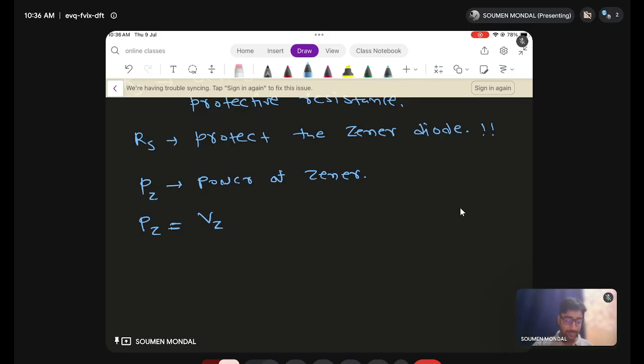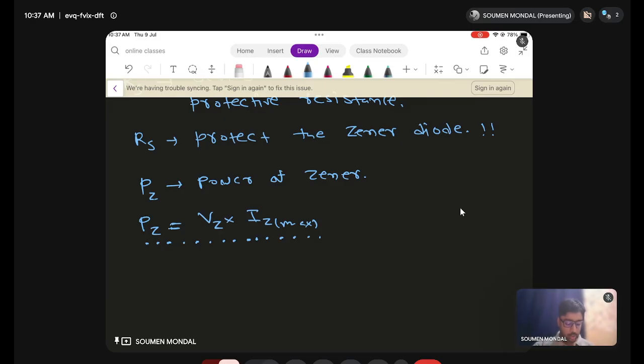Whatever voltage you supply, when the voltage is more than the breakdown voltage, the voltage across the Zener diode remains Vz, so the power is Vz into Iz max. This is the maximum current we can safely pass through the Zener diode. If more current exists, then the Zener diode will be destroyed, and you can see a little bit of burning, smoke, fire in your circuit.